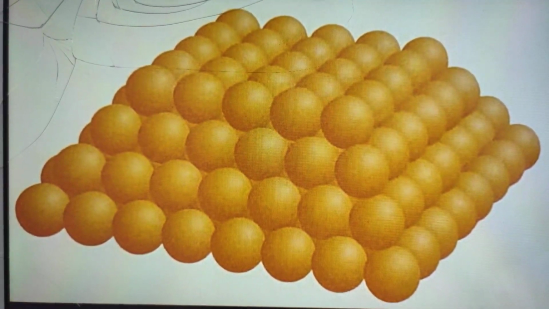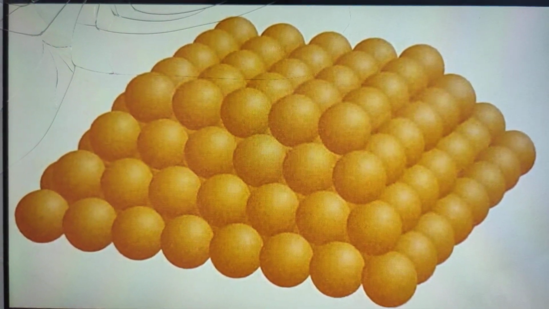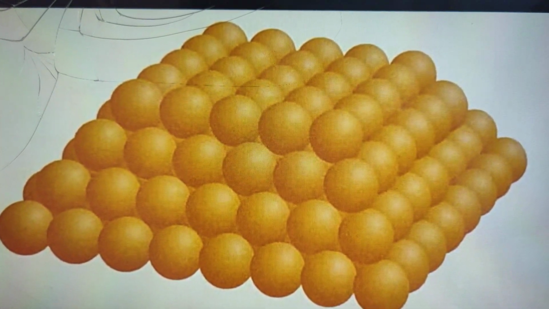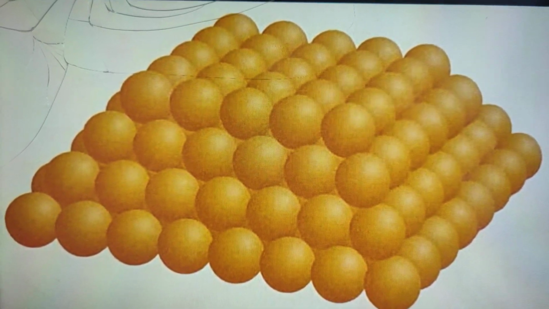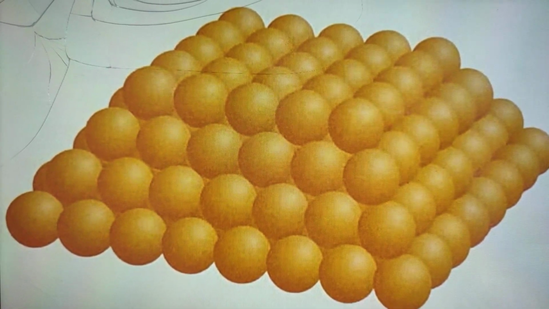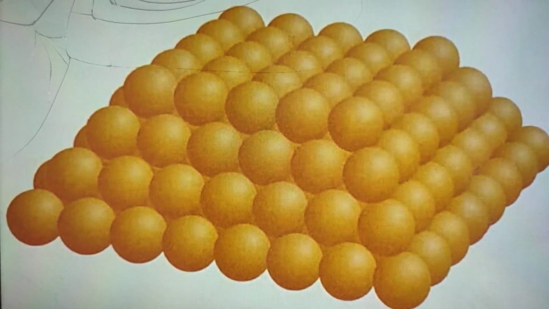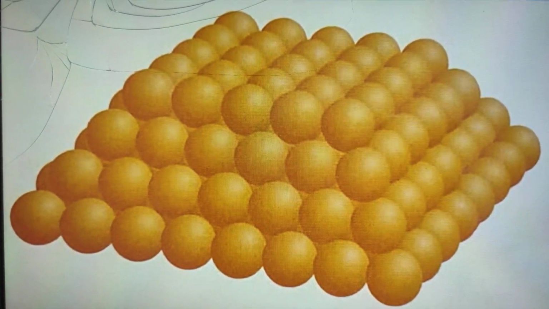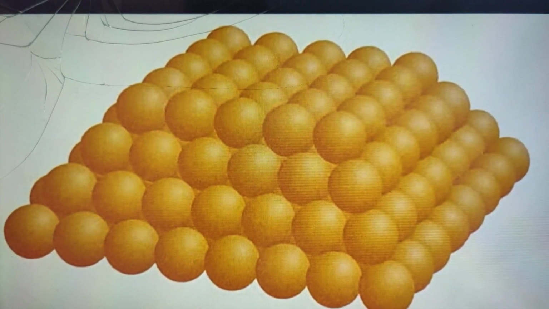In problem 11, it is given that a pile of oranges, and we have to find the number of oranges in a pile, when each layer of the pile is in the form of a square and each side of a square reduces by one orange.